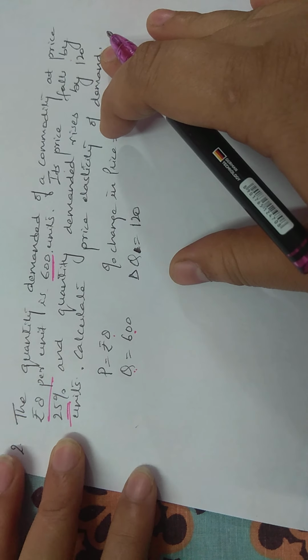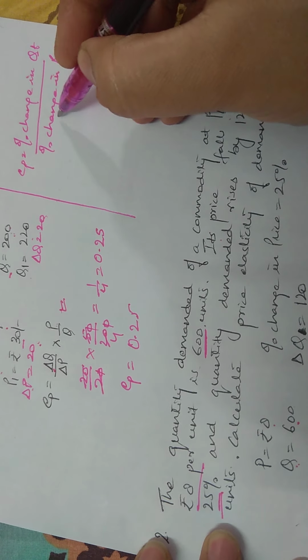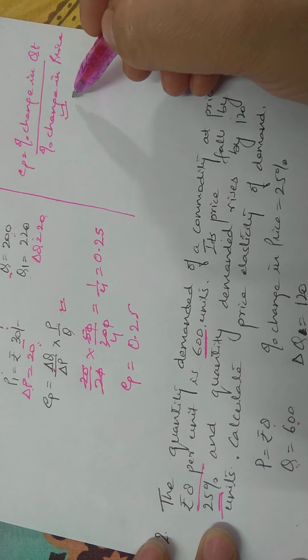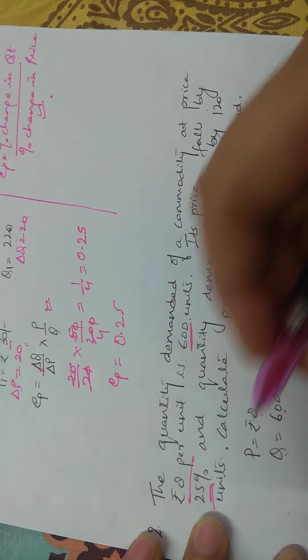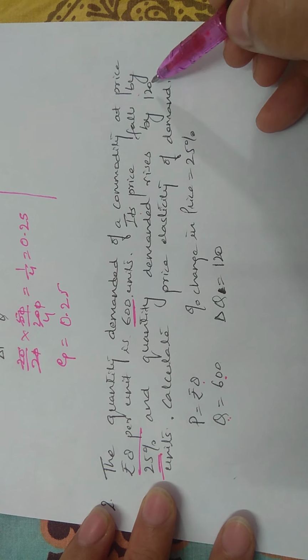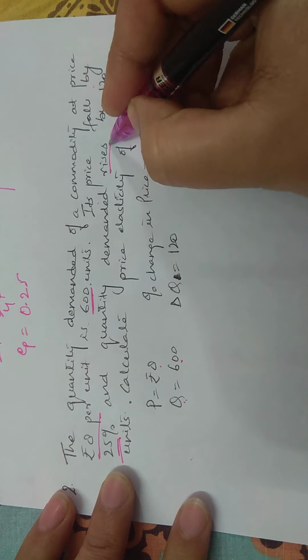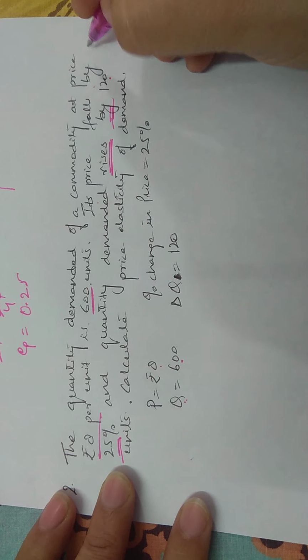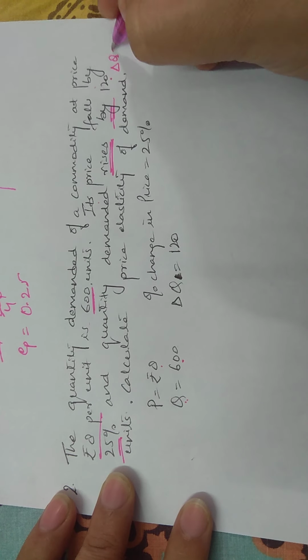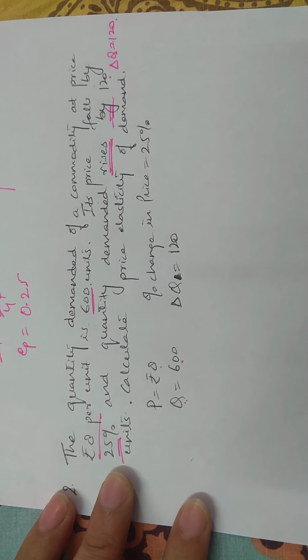Price falls by 25% means the percentage change in price is given. You don't have to calculate it. The percentage change in price is already given in the question. And the quantity demanded rises by 120. Rising by 120 means this is delta Q. Delta Q is 120.